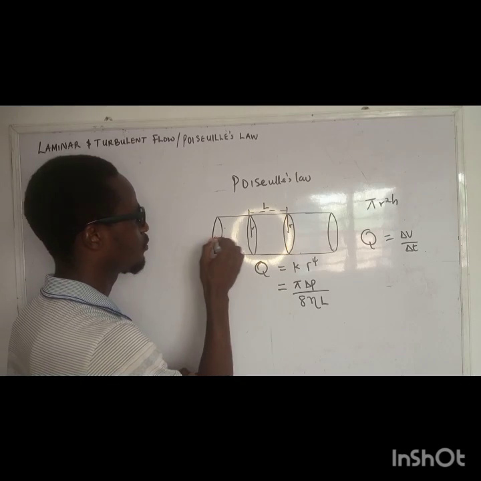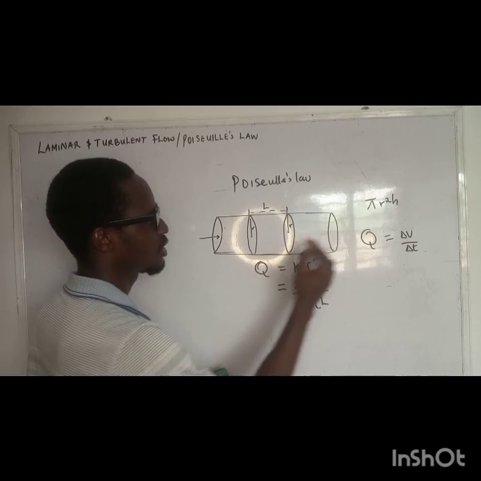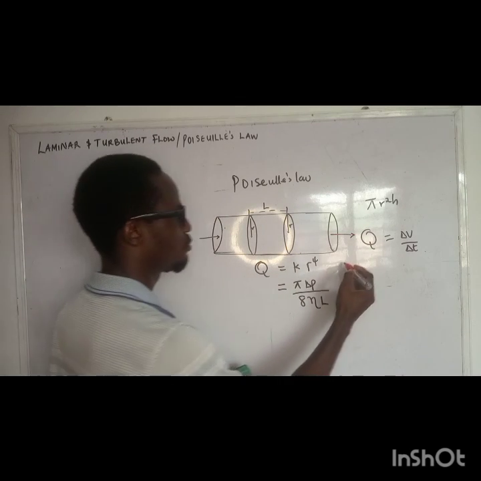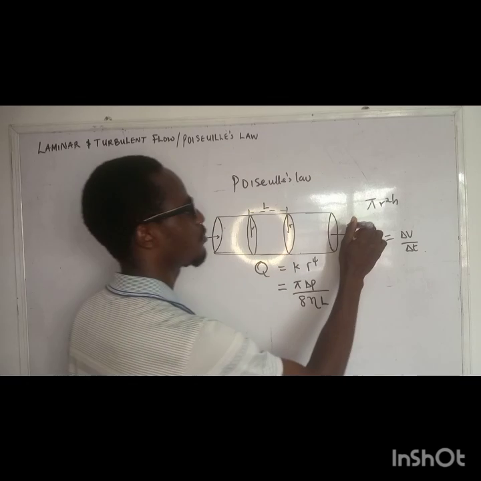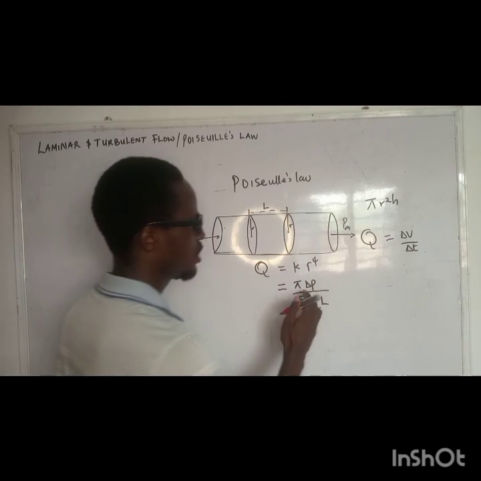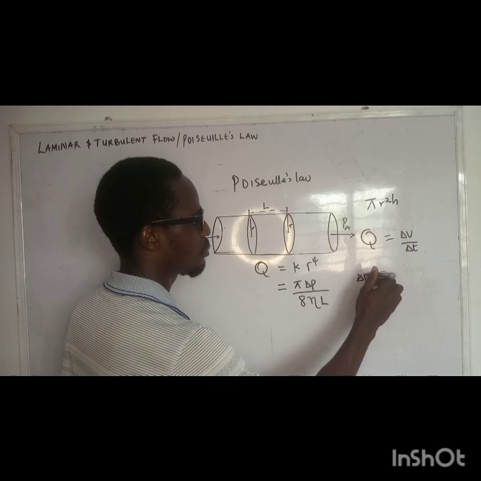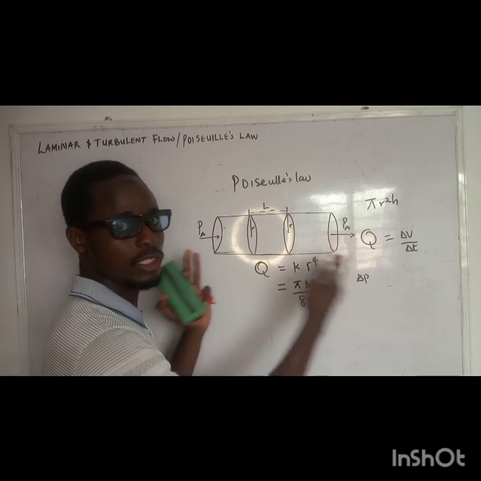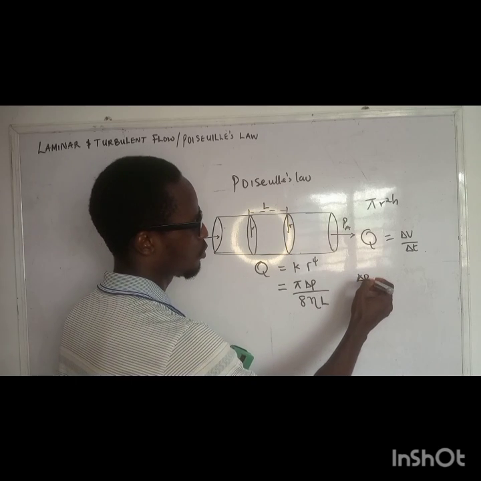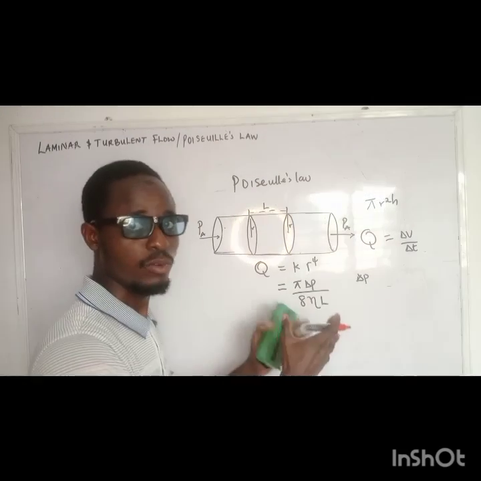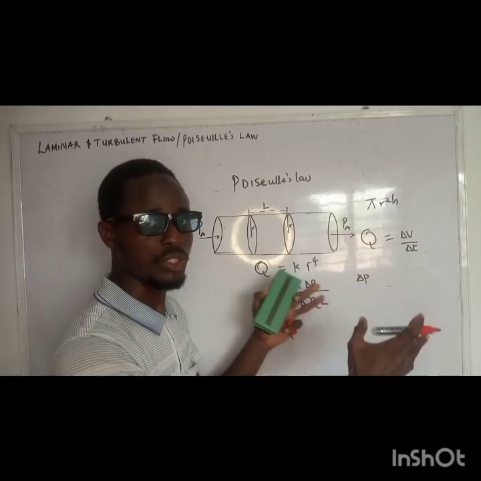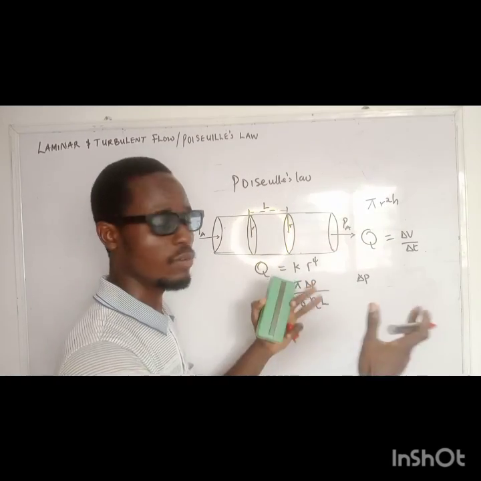Let's assume the fluid flows in through this point and flows out through this point. So we assume that the pressure here is different from the pressure here. This change in P represents the pressure difference between the ends of the pipe, so this formula can also be used to calculate the pressure difference between both ends of the pipe.